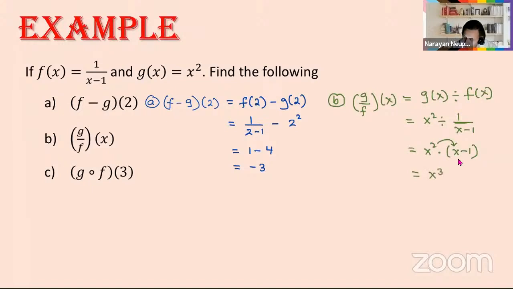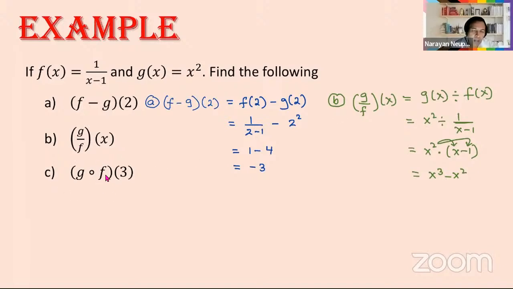And when we distribute, x squared multiplied by 1 is x squared, but there's a negative in front, so that'll be minus. So the value of g over f of x is x cubed minus x squared. That is our part B.